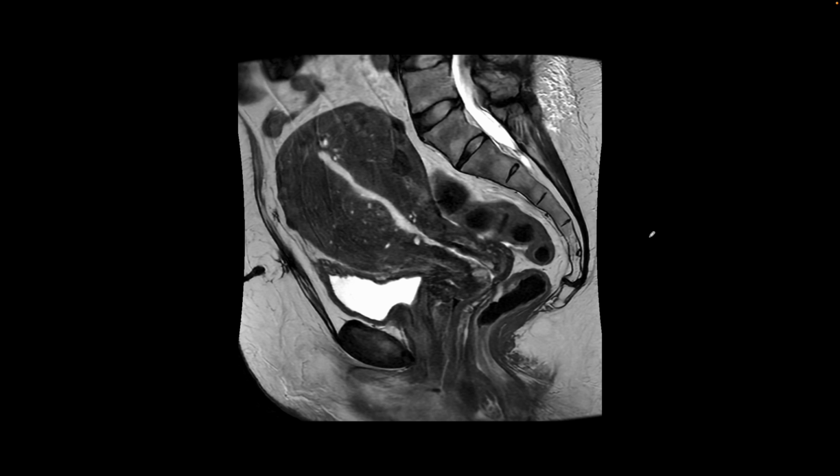All right, a single sagittal T2 weighted image from an MRI of the pelvis, and here we see normal structures, T2 signal inside the urinary bladder. Here's the urethra, that's the rectum, and then we see the enlarged uterus. The endometrium looks okay, cervical canal, and the vagina going that way.